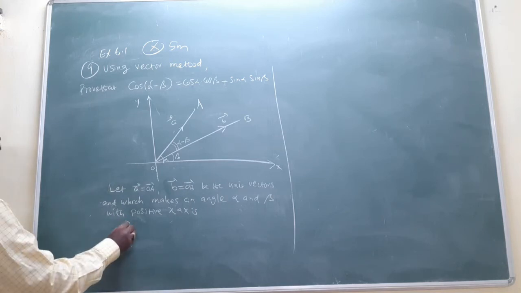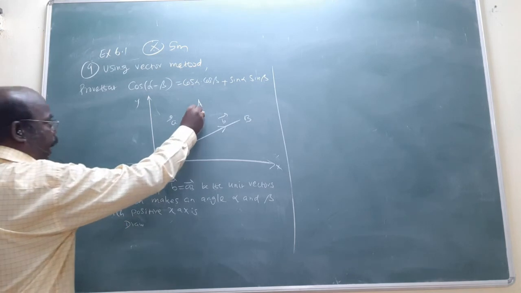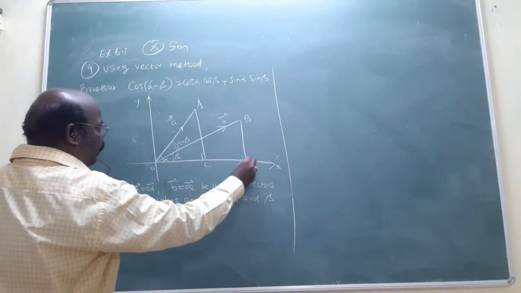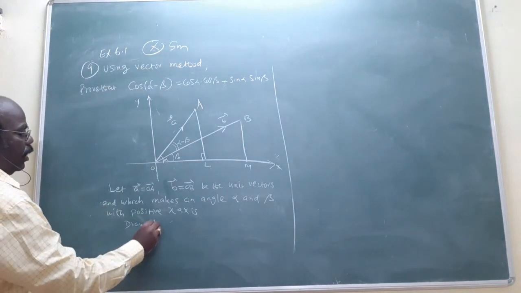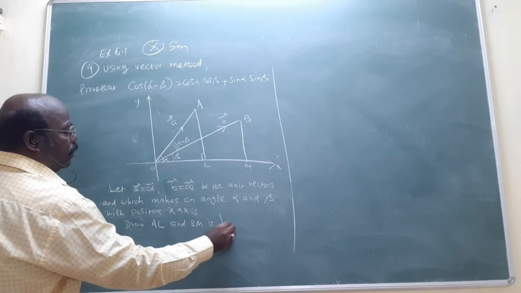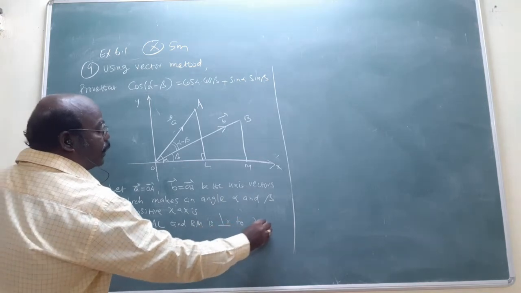Then draw AL perpendicular and BM perpendicular, that is, draw AL and BM perpendicular to the x-axis.